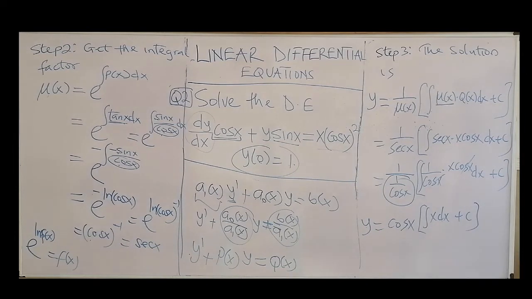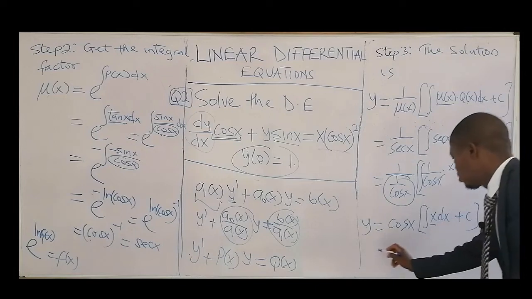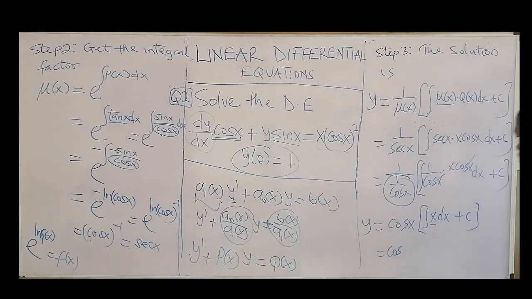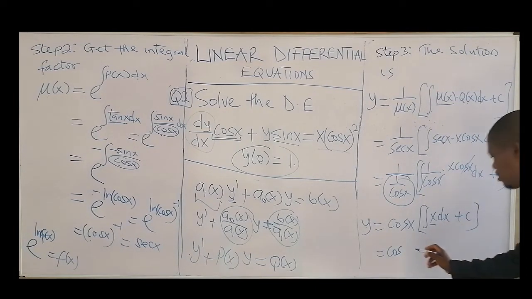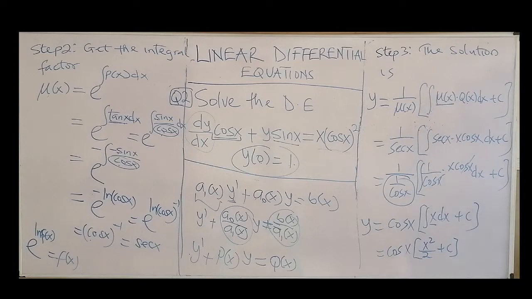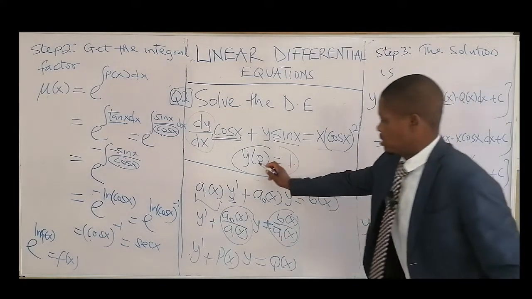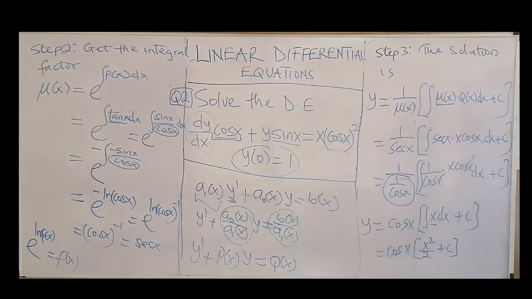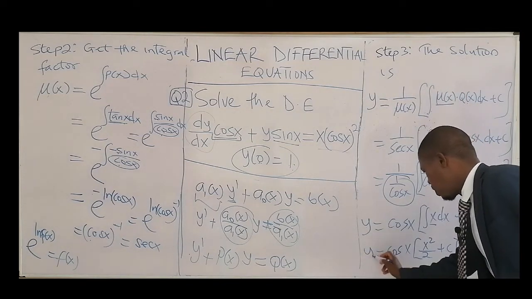Okay, then if you integrate x, we have x squared over 2 plus c. And then we have the boundary conditions. We have the condition that when x is 0, y is 1. So let's do that. If you do that, this is your y.